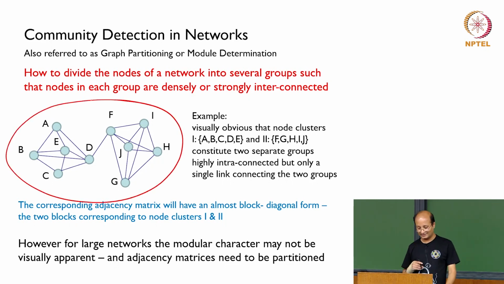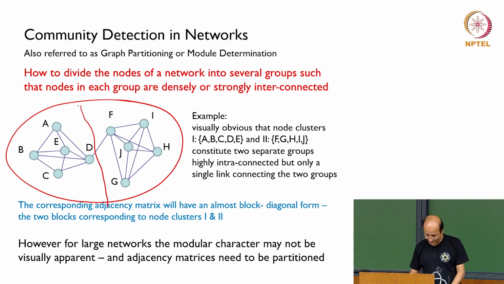How do you divide the nodes of a network into groups such that each group is very strongly or densely interconnected? Usually it's done like this. You try to find a partition such that the partition cuts across the fewest number of links. In this case it's pretty obvious, right? It's here. Visually it's pretty clear that this forms a module and this forms a module.